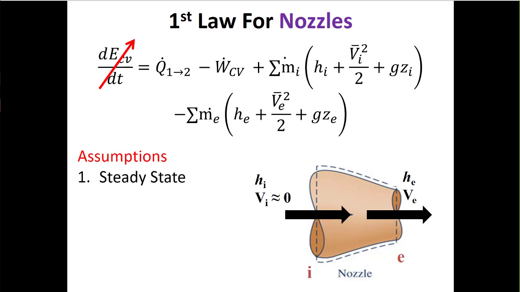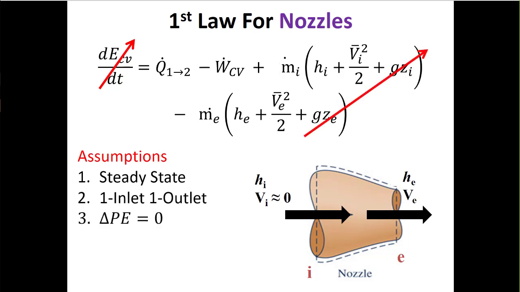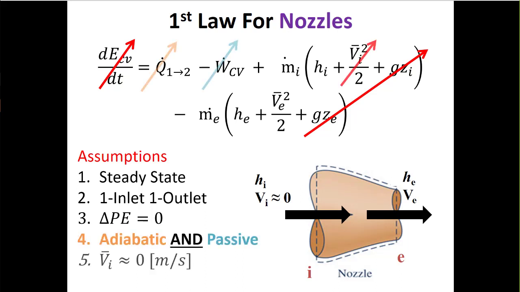So this nozzle is at steady state. It's one inlet and one outlet. We're going to neglect changes in potential energy. We're going to say that it's adiabatic and that it's passive. And we're going to neglect the kinetic energy of the state that touches the Brayton cycle, which is the inlet of the nozzle.